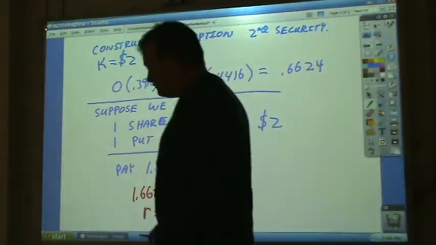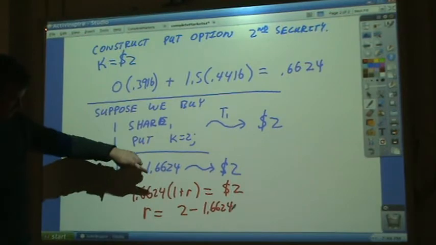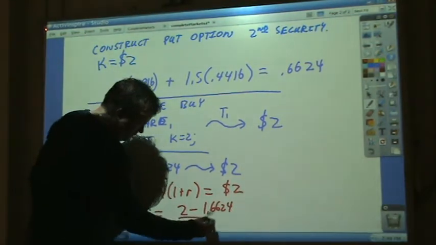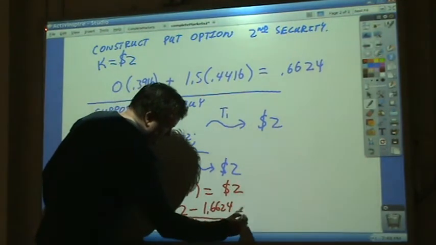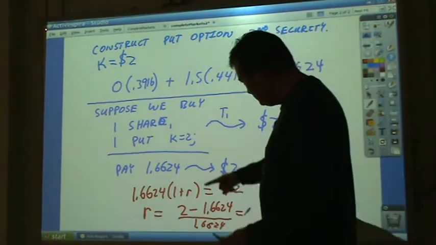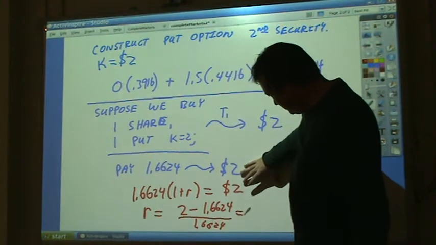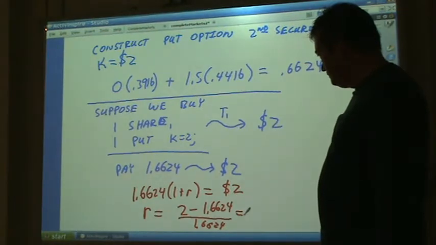This is like the first class. Trying to solve for R, the total divided by 1.6624. Right? I'm taking $2 and dividing by 1.6624, minus 1. Yeah, that's right.